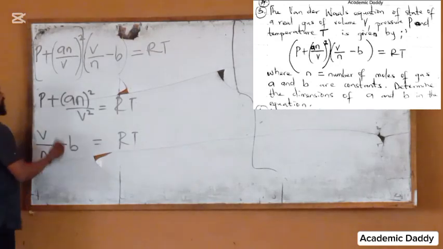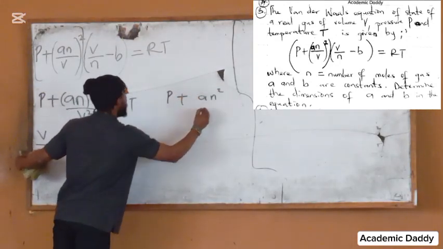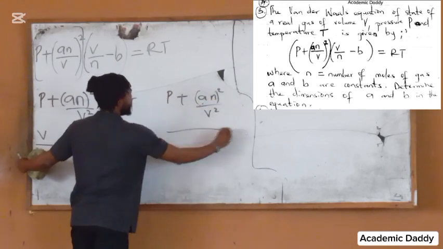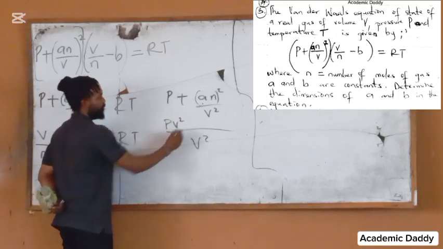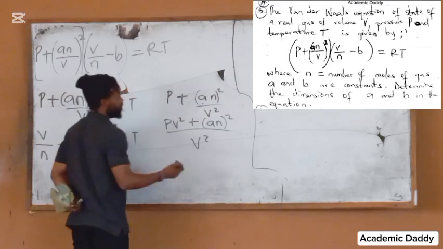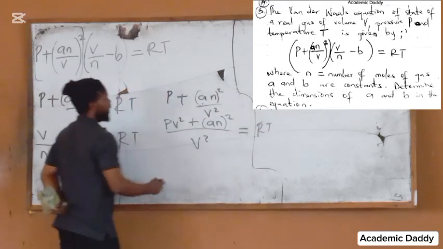So the LCM here will simply be P plus AN square all over V square. Then take the LCM so that I'll have PV square plus AN square. Is it not true? Then equals RT. Alright.